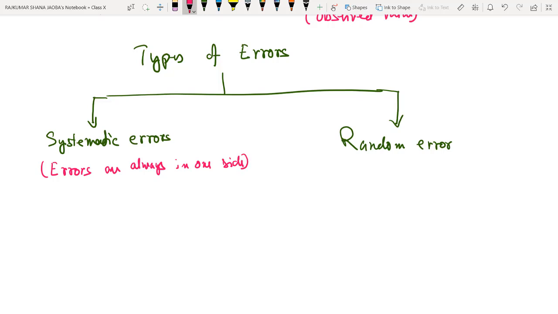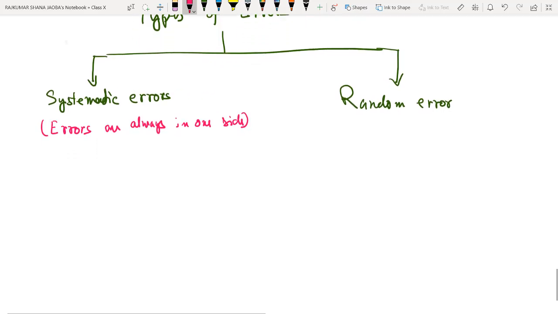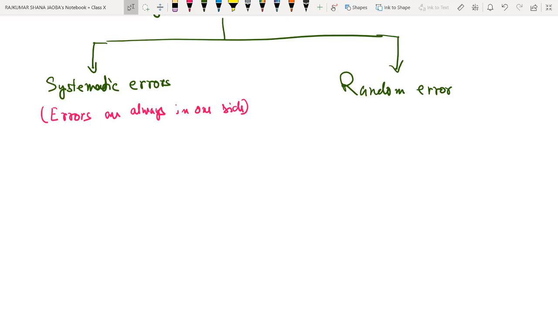If the error is always in one side, then it is called a systematic error. And systematic errors we can classify into instrumental error.